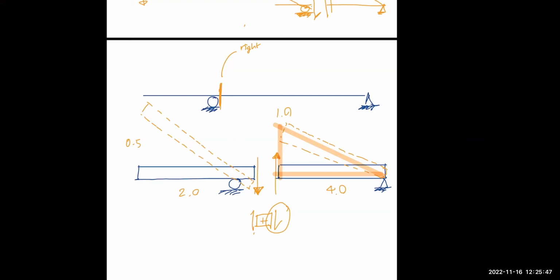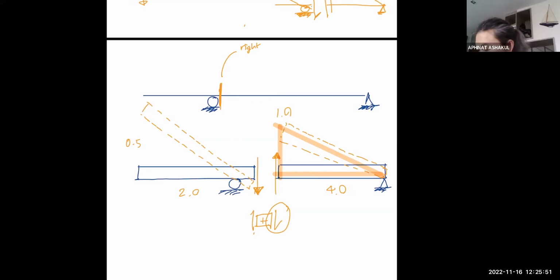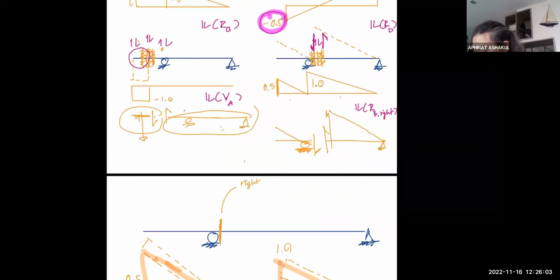Yes, thank you. Okay, good that you asked. So you see, now we have two triangles lined up together. In the end, that's why this becomes our shape here.